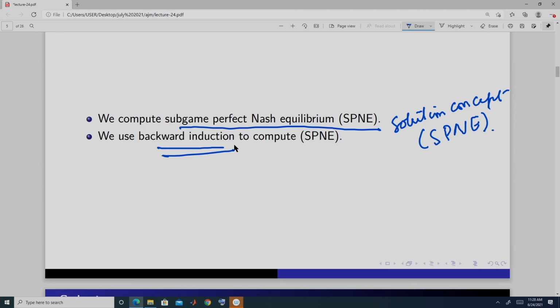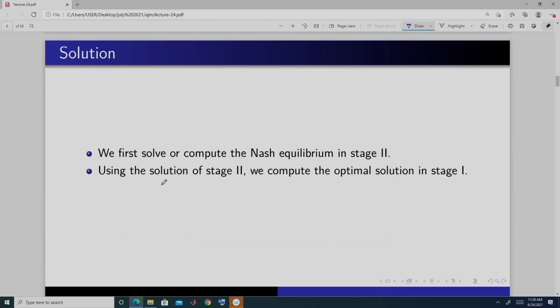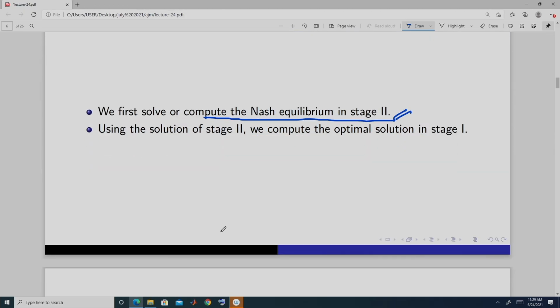So, we have two firms. Firm 1 decides its output in stage 1, first, and after observing the output of firm 1, firm 2 decides the output it is going to produce. That is stage 2. So, how do we solve this? When we are using backward induction, what will we do? We will first compute the Nash equilibrium in stage 2. So, it is going to be a game like this.